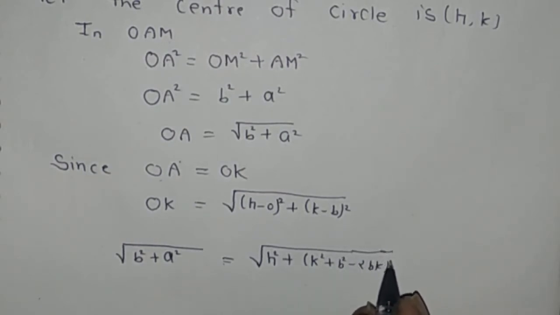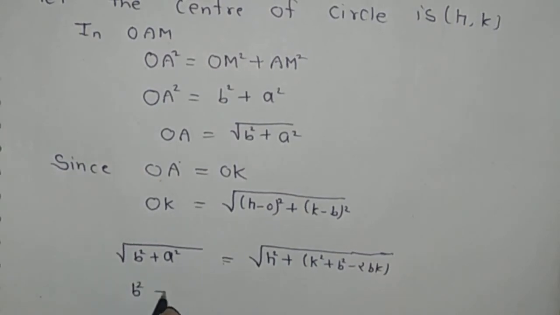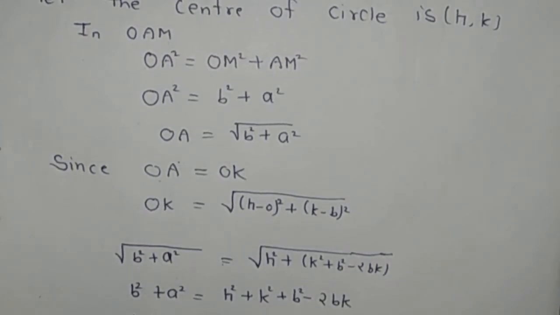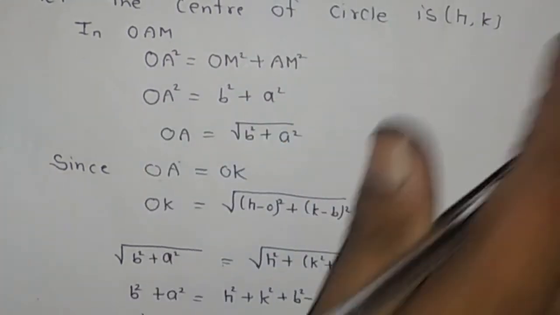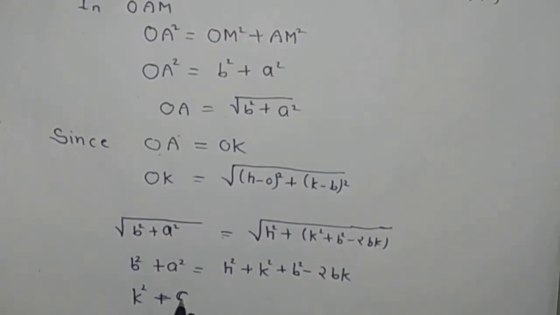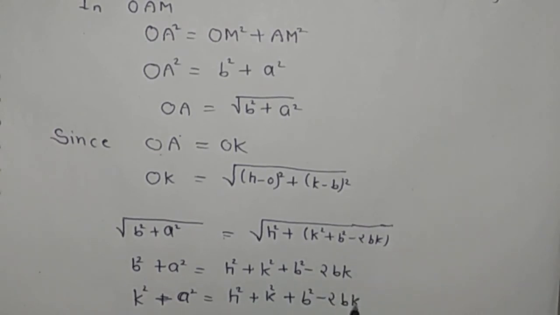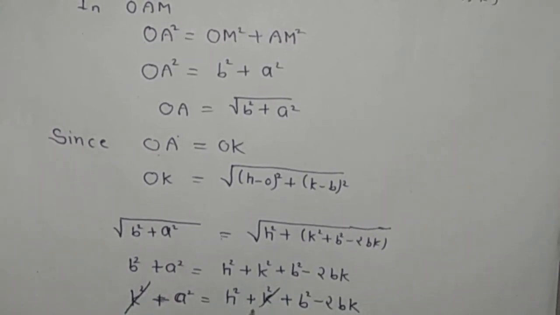Now squaring both sides, we have b square plus a square is equal h square plus k square plus b square minus 2bk. Now b is equal to k, and it is k square plus a square. Now k square cancel out.